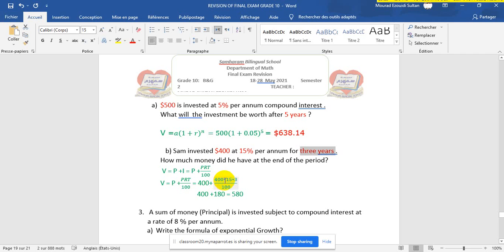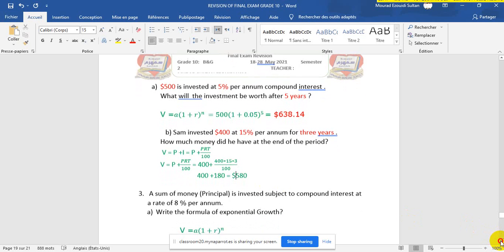So 400 stays as it is, but the interest paid will be 400 multiplied by 15 multiplied by 3 over 100. 400 divided by 100 is 4. 4 multiplied by 15 is 60. 60 multiplied by 3 is 180. So 400 plus 180 gives $580.